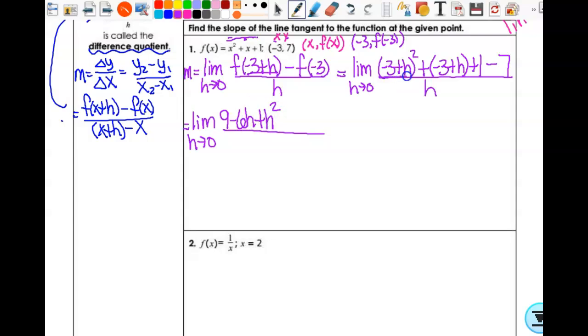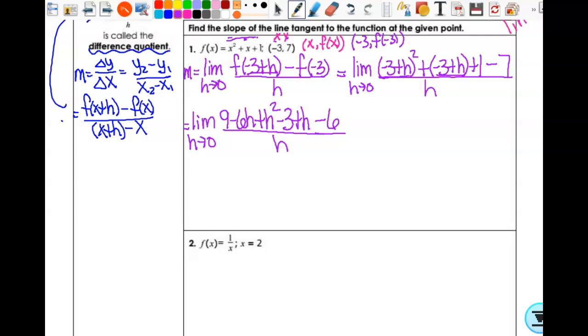Okay, so that was squaring this right here. Then I have to do plus negative 3, so I'll just do minus 3 plus h. Right, so I squared that and then put this in there. And then this is one positive 1 and a negative 7, so I can just do minus 6 all over h. Any questions about where anything came from?